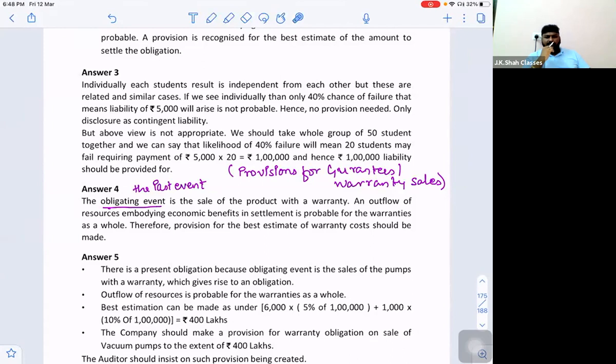I'm audible, sir. Yes, please go on. You're right. Out of my total batch, 60% of students will pass. It is not that every student will get a 60% result, meaning every student gets 60% or above. No, it's not like that.